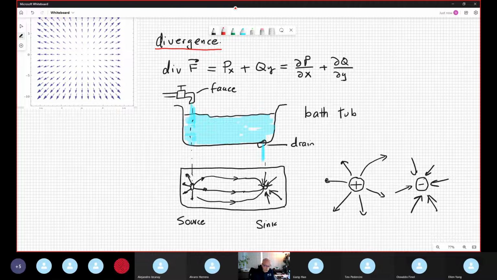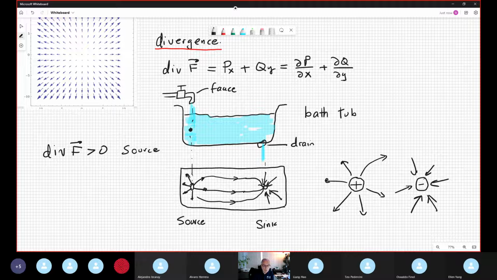Well, when the divergence of a vector field is positive at one specific point, remember this depends on x, y, in two dimensions, then it is a source.